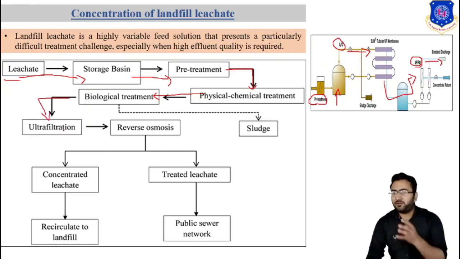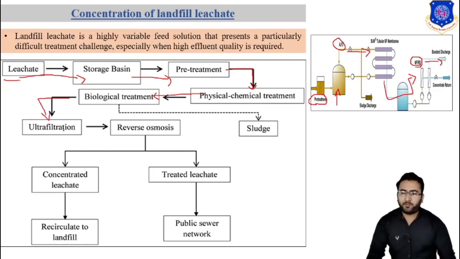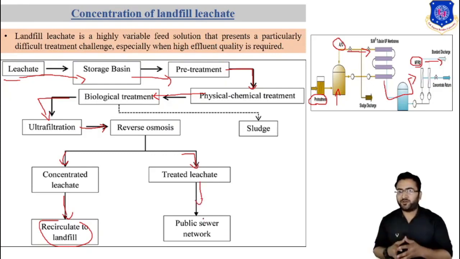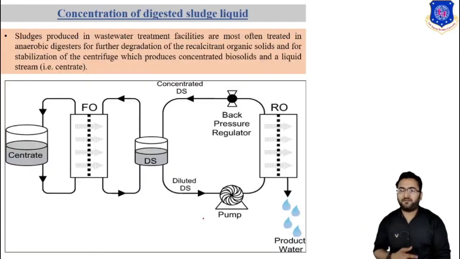It is necessary to use ultrafiltration as a pre-filtration for the reverse osmosis. Then it goes for reverse osmosis, and we get the concentrate leachate and treated leachate. The concentrate leachate is recirculated to the landfill, and the treated leachate is used for further use. So this is how reverse osmosis is used for the concentration of landfill leachate.